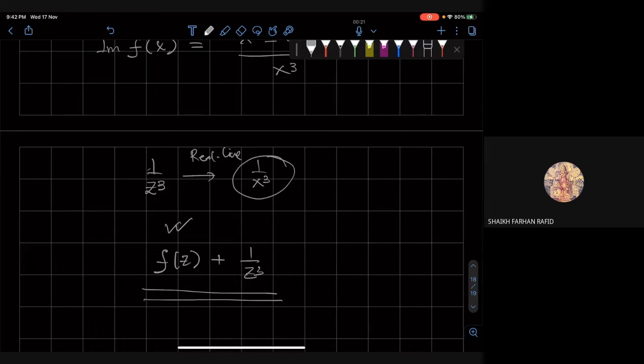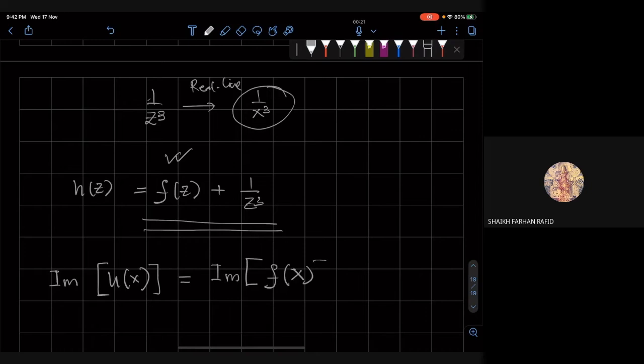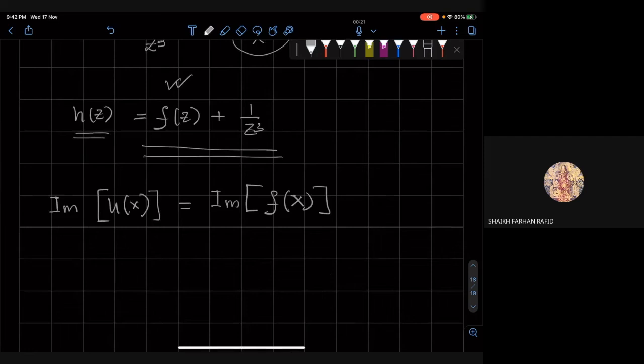No, sir. Right. So my new function h of z, when I evaluate it on the real line and take its imaginary part, will be equal to the imaginary part of the function f evaluated on x, right? Yes, sir.